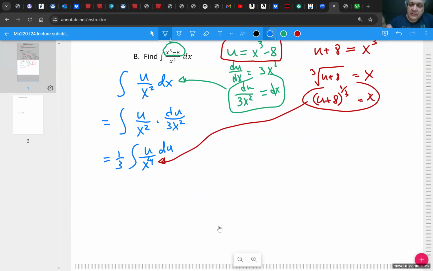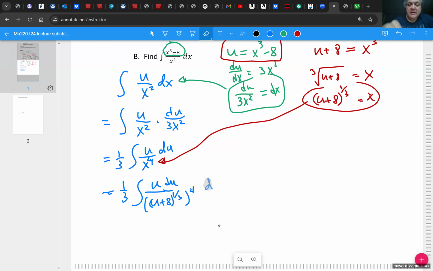So that gives us 1/3 integral u over u plus 8 to the 1/3 to the 4th, which is the 4/3 power, right? You could write that as 4/3 if you wanted to, times du. We could put the du over here. Maybe that makes it look a little easier.